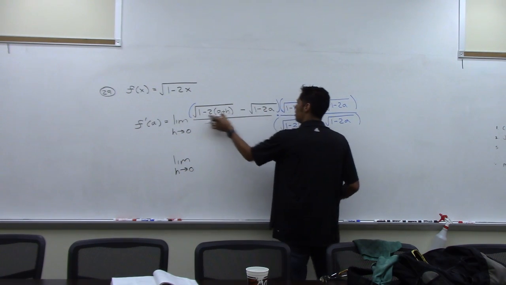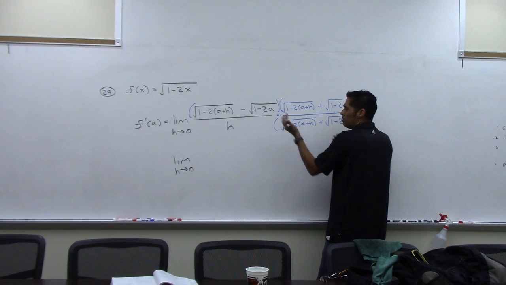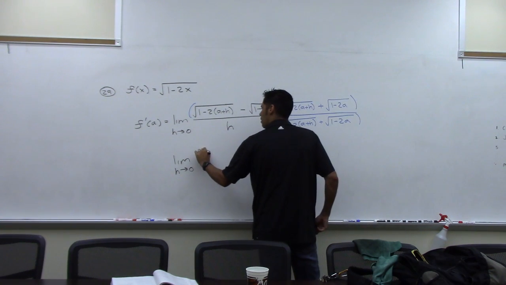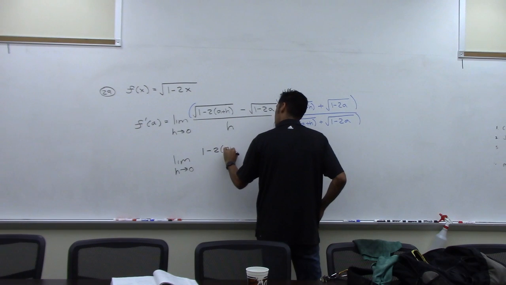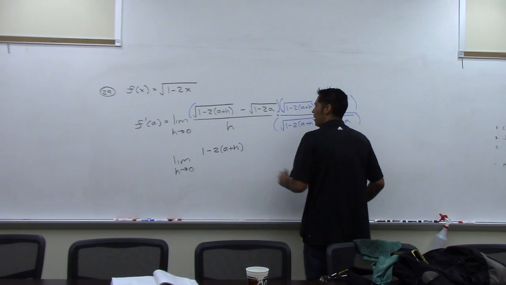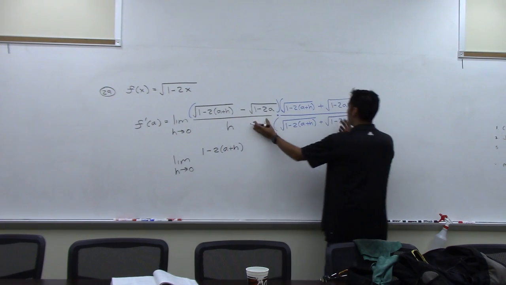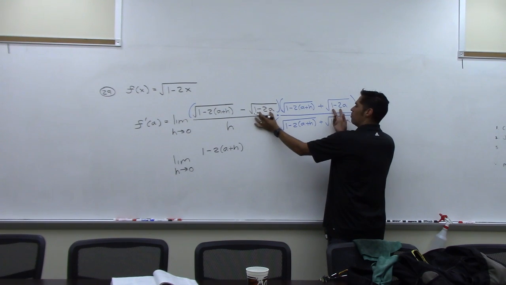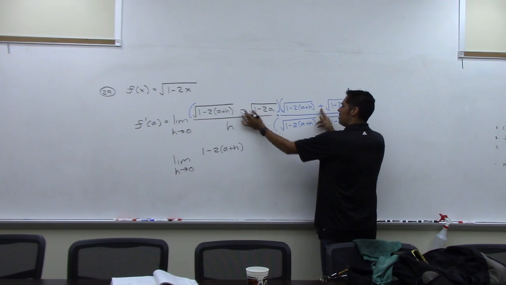So what is this times itself? Well, the root and the root go away. You're just left with 1 minus 2 parentheses a plus h. And then when you do the middle ones, they go away. The last ones, this times this, the root goes away, but positive times negative is negative.